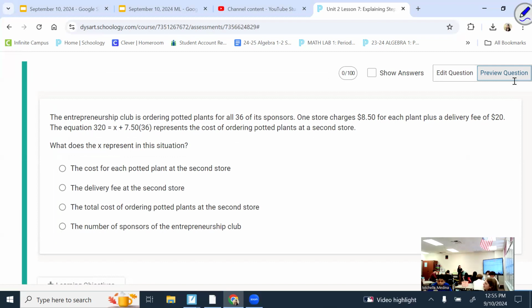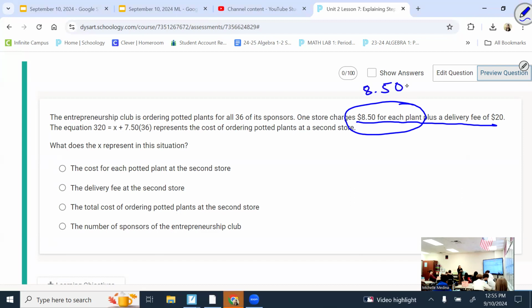So they didn't make you write this equation, nor do I think you really need it for answering this. But if they're charging $8.50 for each plant, what operation is implied right here? Multiplication, because it'd be $8.50 times however many plants you have. You could use P or whatever letter you want.